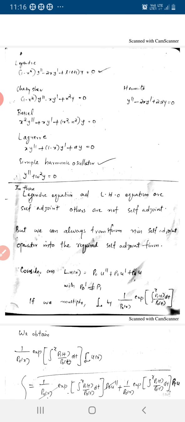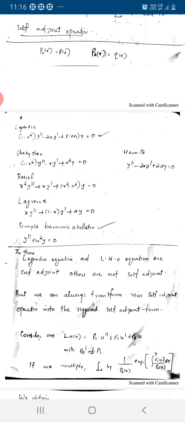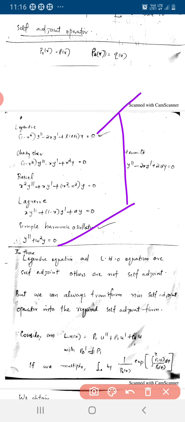And these two differential equations are clearly self-adjoint. But what about these equations? For example, if I take the Bessel equation, we know P0 of x is x square. What about P1 of x? It is x. So it should be 2x for this to be self-adjoint.